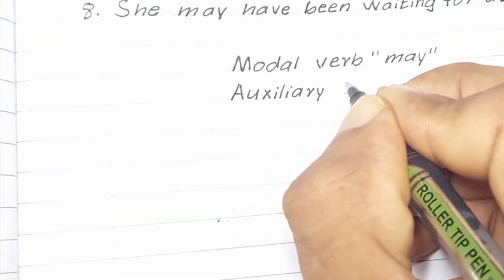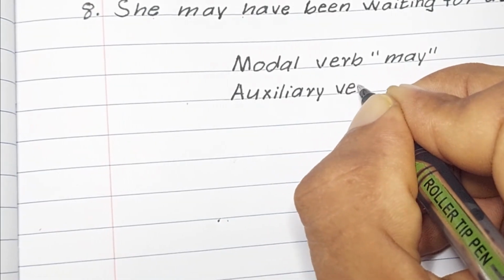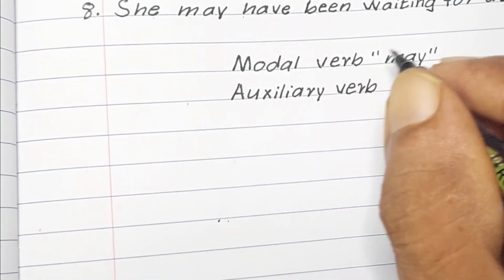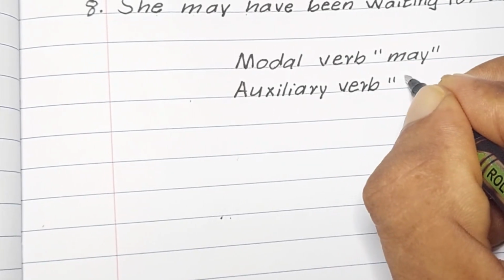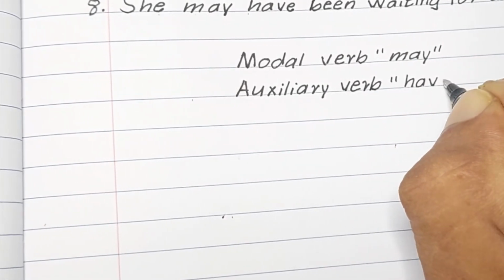She may have been waiting for us. The modal verb may indicates possibility, and the auxiliary verb have helps form the perfect tense.